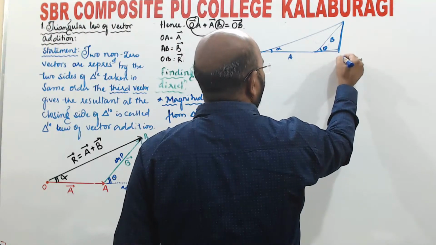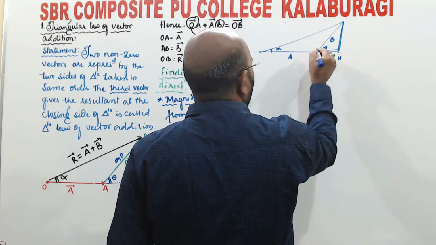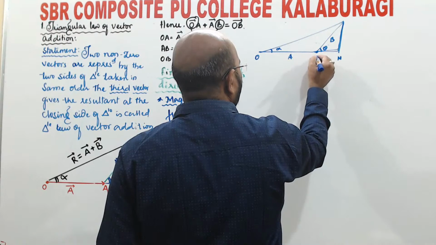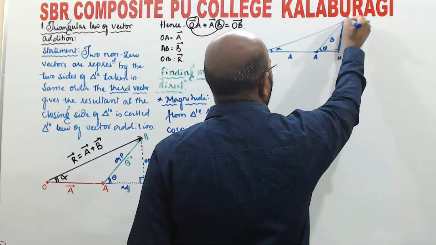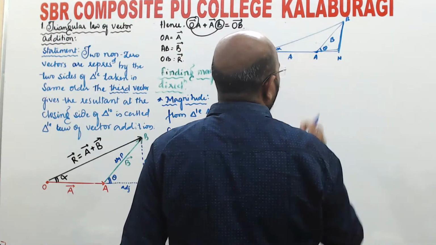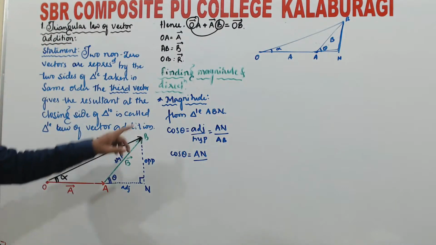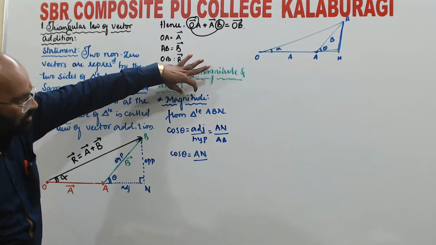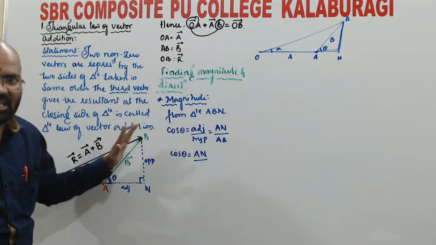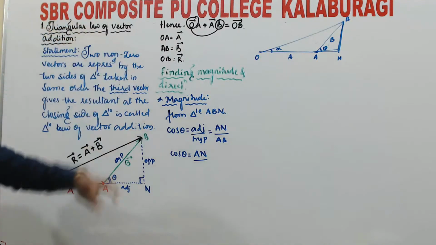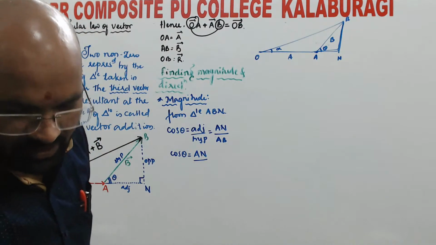This is N, and this is the point O, this point is A, and this is B. Only the magnitudes are used, not the exact direction, because here we are only finding the magnitude associated with the given two vectors, in the case of the triangular law of vector addition. Got it clearly now?